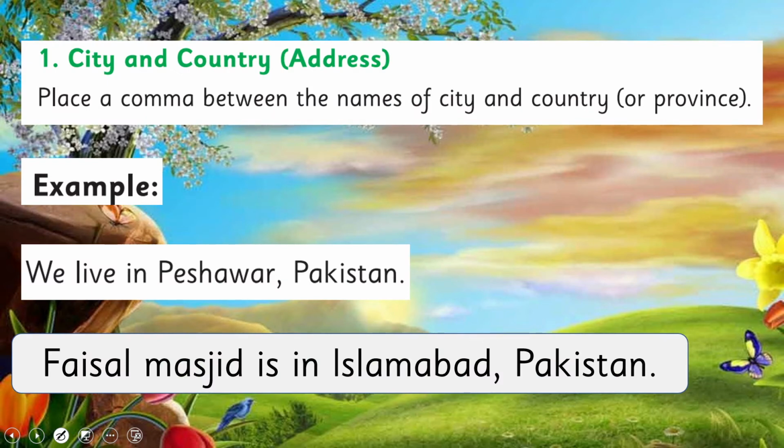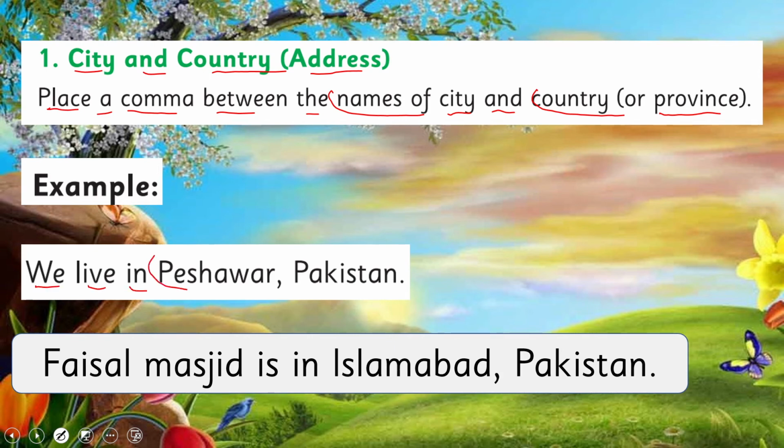Yes, another use is for city and country. When we are talking about address, place a comma between the names of city and country or province. So when we are writing names of cities or any country, then also we have to use comma. Example is there.